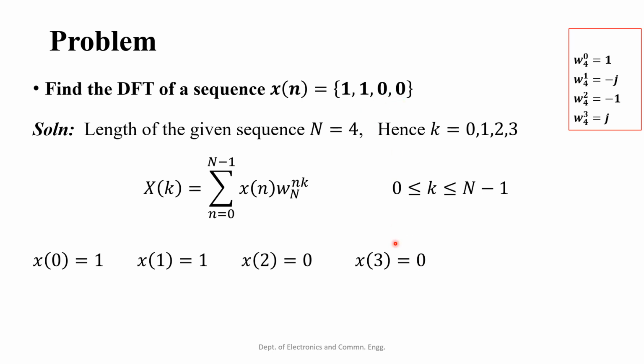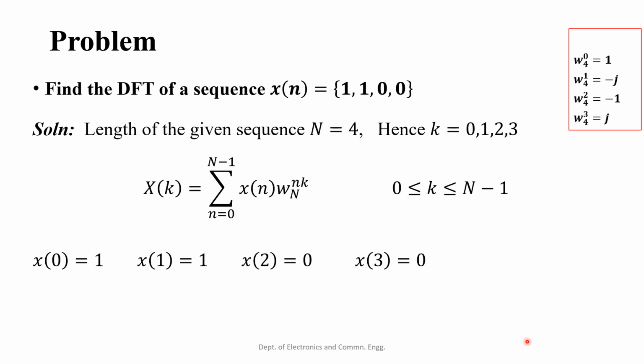What does it mean? Once again, more explanation about this. In this diagram, you can observe that the x-axis is the sequence number, that's the n value. The same n value I am representing over here. 4 values are there, therefore it takes the values 0, 1, 2, 3. At location 0, the amplitude of the signal is equal to 1. That is what we mean by x of 0 is equal to 1.